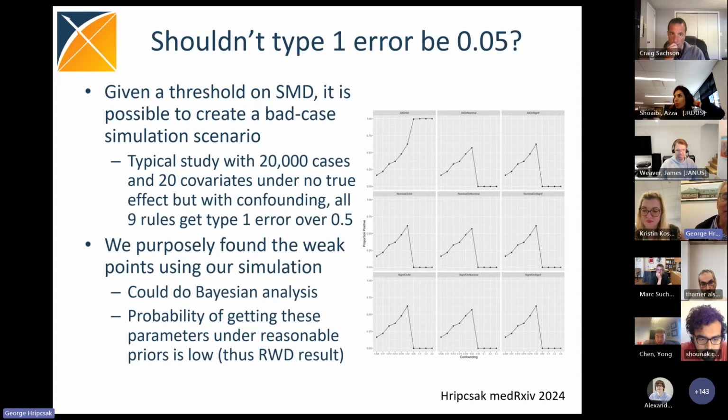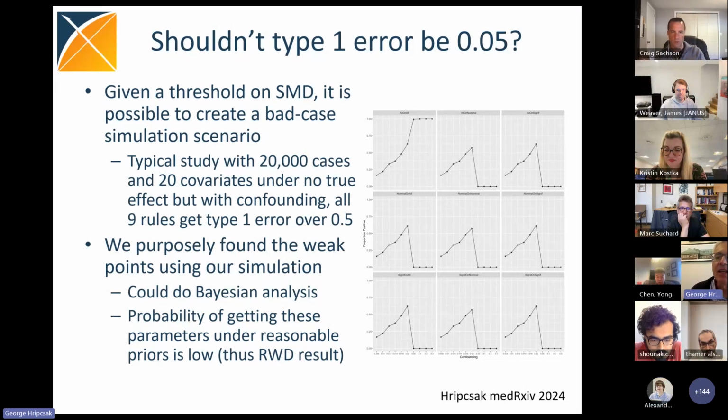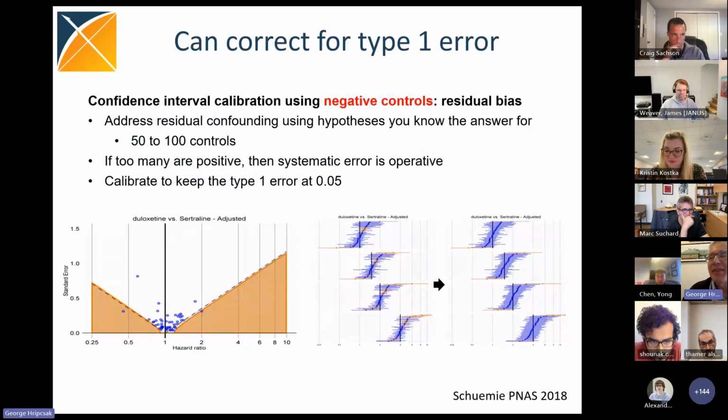As soon as you accept a 0.1 threshold for SMD, nominal or statistically significant, it's possible to create a simulation that breaks it. Here's an example where I make the type 1 error 0.5. Even if I have 20,000 cases, a big study, only 20 covariates, I can still break it. The point is that we can correct for these moderate differences in type 1 error through our negative controls.